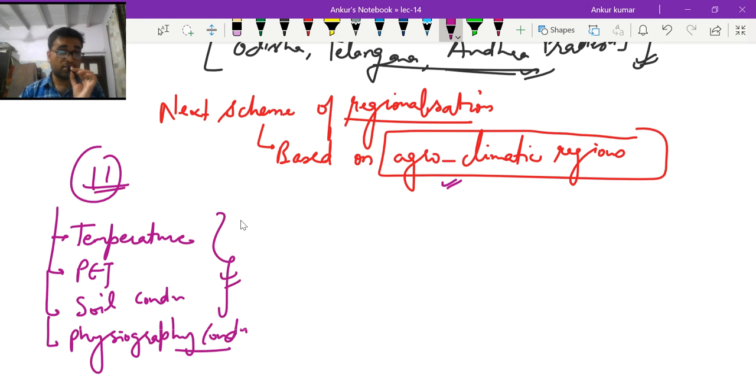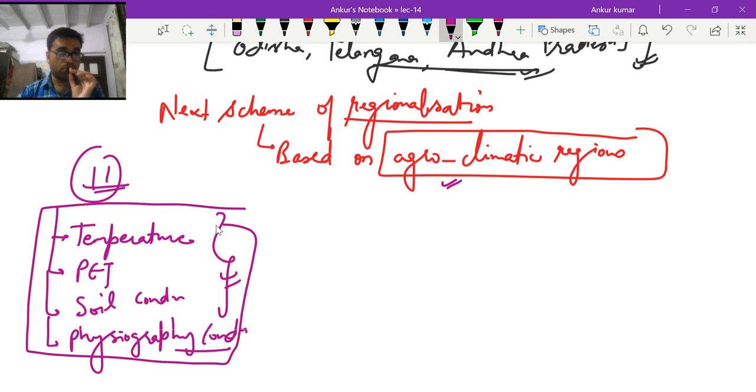So if we take these factors into account, the temperature, potential evapotranspiration, physiographic condition, etc., then we can divide India into a number of regions. A number of schemes can be evolved, and these schemes would be more objective and more micro schemes.